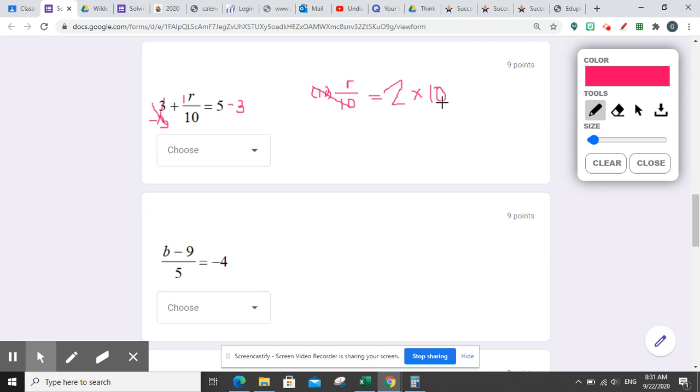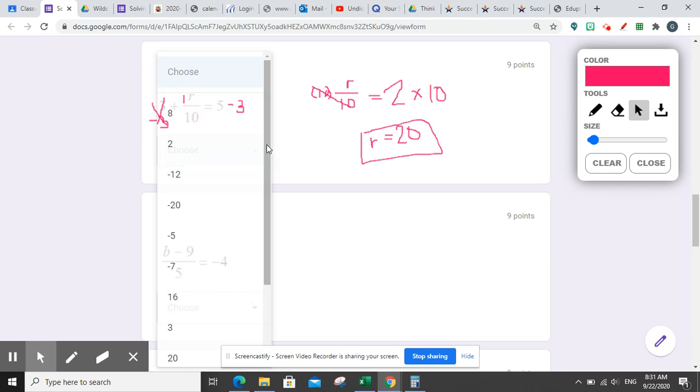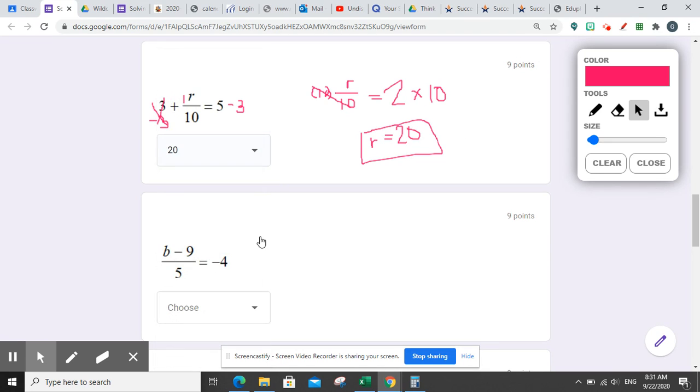So what is 2 times 10? Right, 20. Equals r. And that's it. That's my two-step equation. Let me go and double check. I look for 20, and it's right here. So that's two-step. Let's try one more with the two-step.